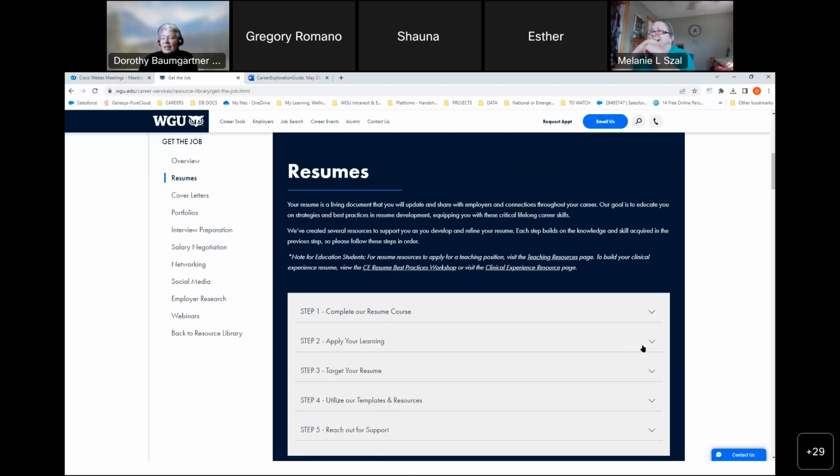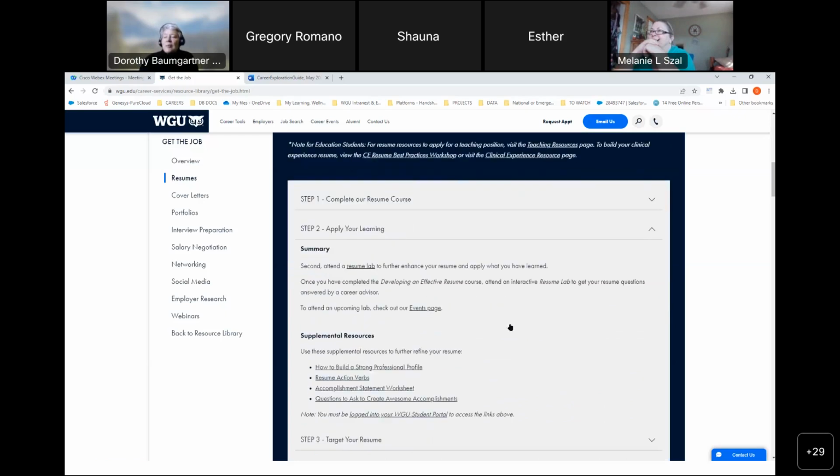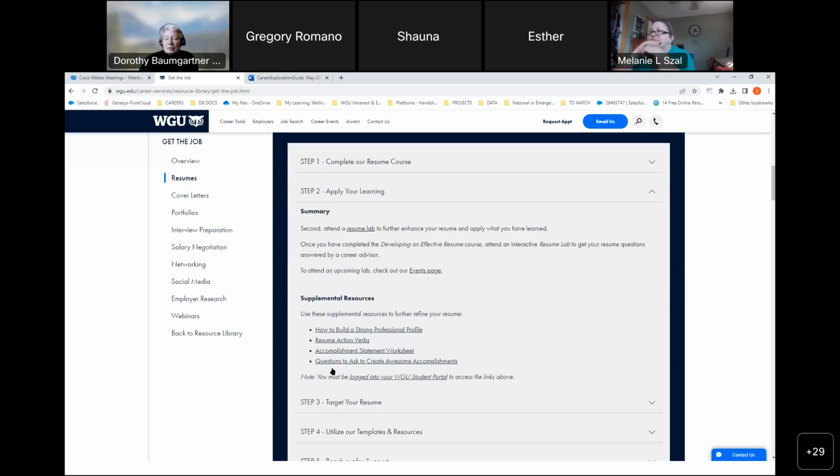But look here, this is the stuff I was talking about. We have these things on our website under the Apply Your Learning. These supplemental resources, there's a document for building a strong professional profile. Here's the resume action verbs that I talked about. And then also the accomplishment statement when you're writing your bulleted statements, some samples about how do you include numbers and examples and impact outcome.